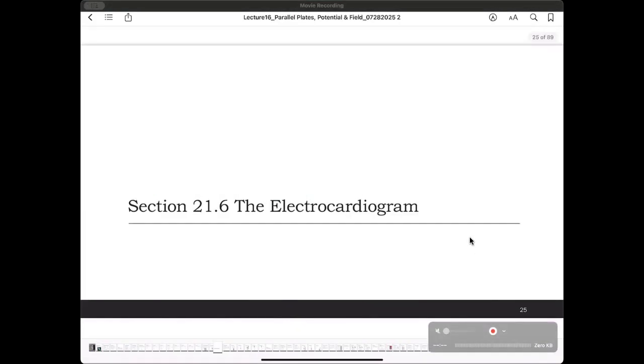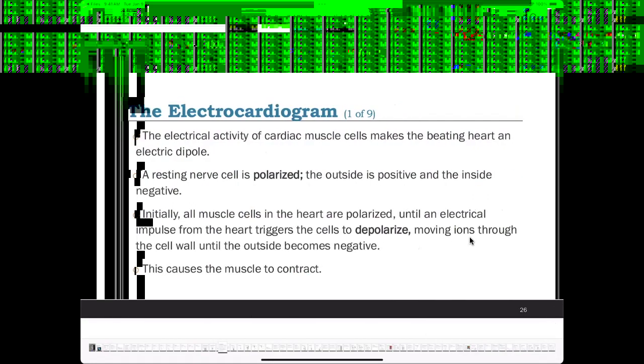Okay, let's continue. Let's talk about the electrocardiogram. This is a very important application we should learn. For the electrocardiogram, we need to know something about it.